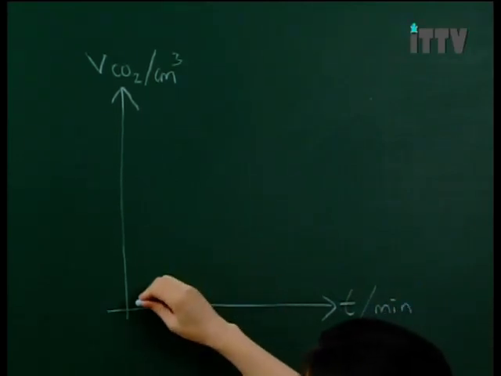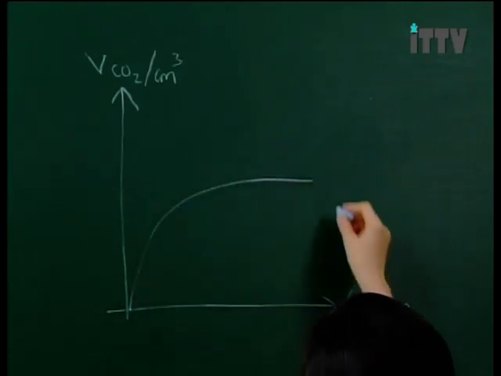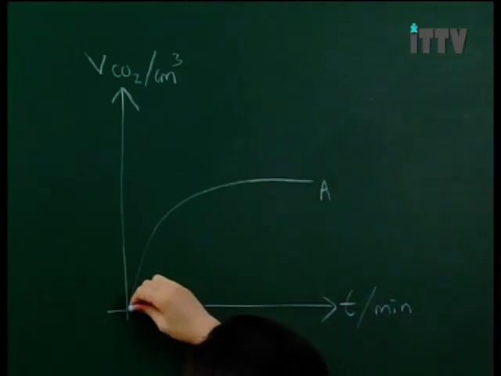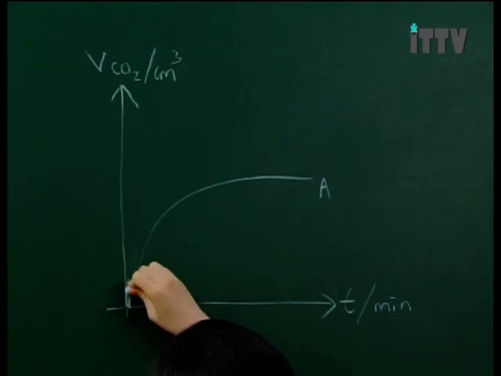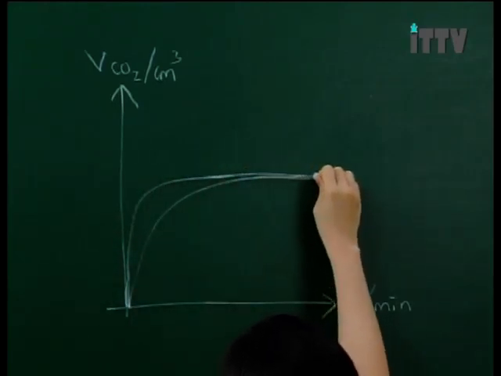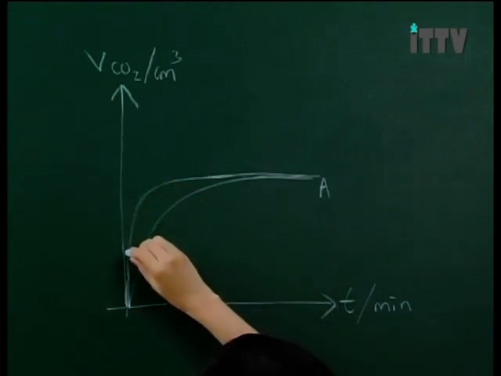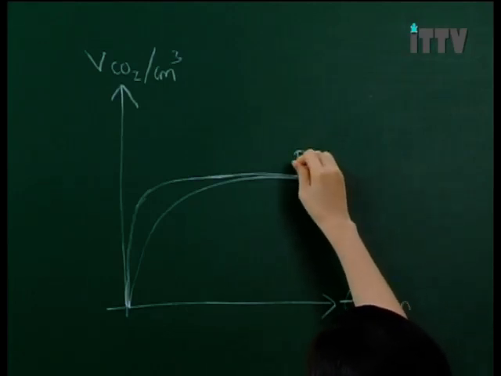So the graph for experiment A would look like this. Now, the graph for B would have a higher rate of reaction, something like this. It would eventually reach having the same volume of carbon dioxide. B would be on top.